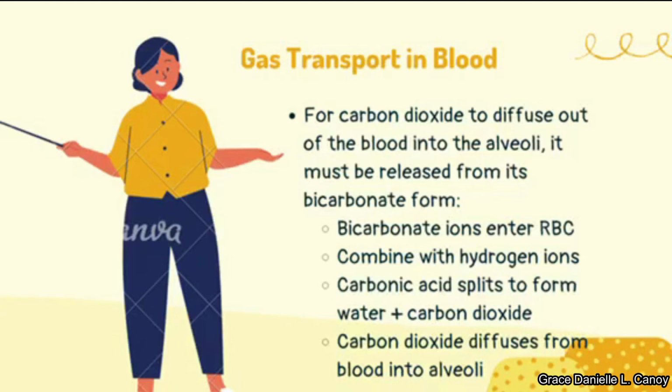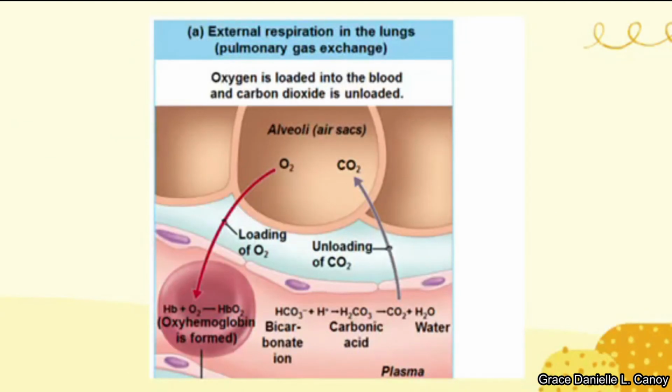So the bicarbonate ions enter the RBC, then combine with hydrogen ions. These two form carbonic acid. Then the carbonic acid splits to form water and carbon dioxide. Then the carbon dioxide diffuses from the blood into the alveoli. So this is how carbon dioxide is unloaded.